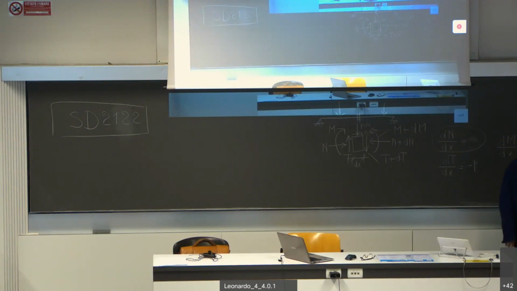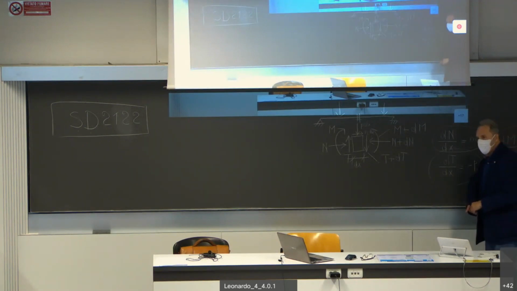Otherwise, we have a variation. Similarly, the shear varies only in correspondence of an applied force or an applied distribution of forces. And similarly, the variation of the bending moment is related to the presence of the shear.